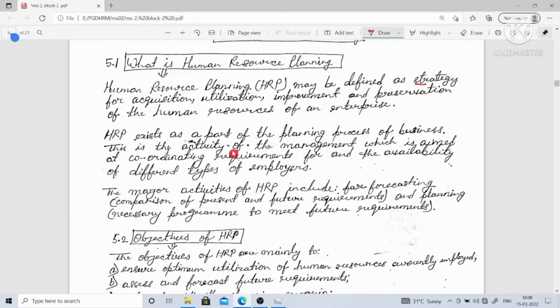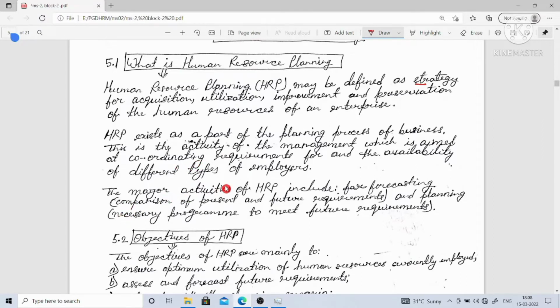So what are different kinds of requirements so that business can do its day-to-day activities in a better way. These things can be done if it is pre-planned, and that planning also includes human resource.